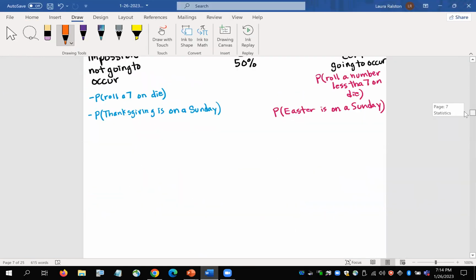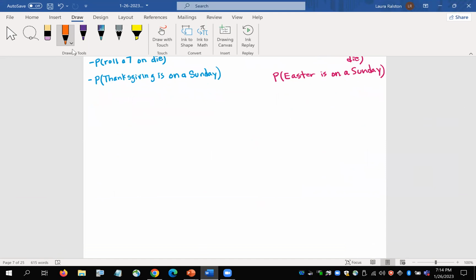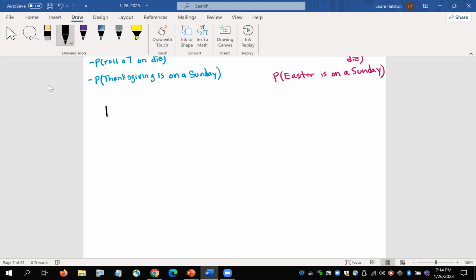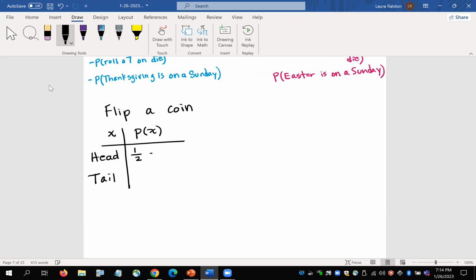Again, let me give you an example. Let's use that easy example we were looking at just a minute ago. If we use the idea that we're going to flip a coin, and we know when we flip a coin that we could get a head or we could get a tail. And we know that the probability of getting a head is 1 out of 2 or 50%. We know that getting a tail is 1 out of 2 or 50%.